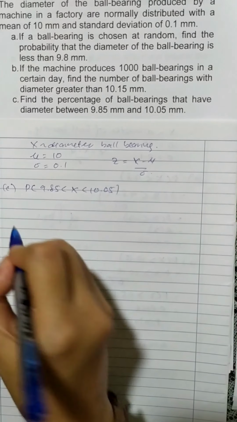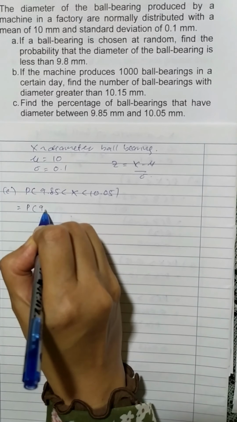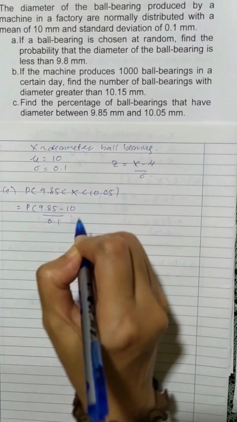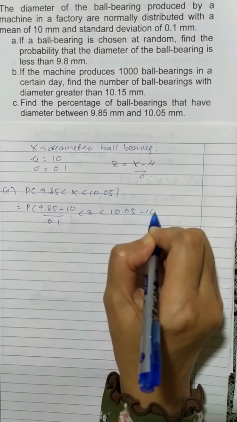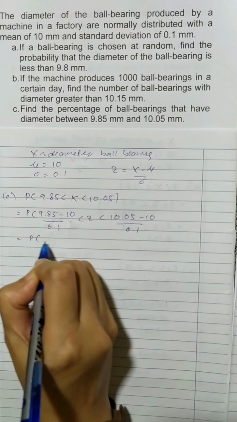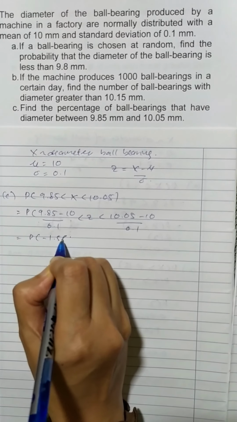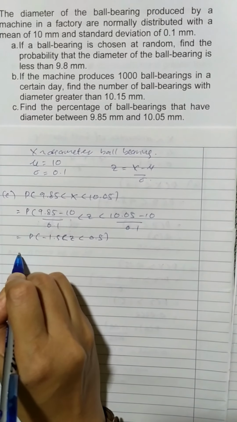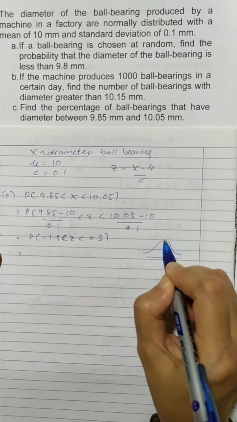As usual, you make it standard: P of (9.85 minus 10) over 0.1 less than Z less than (10.05 minus 10) over 0.1. Then we get P of negative 1.5 less than Z less than 0.5.